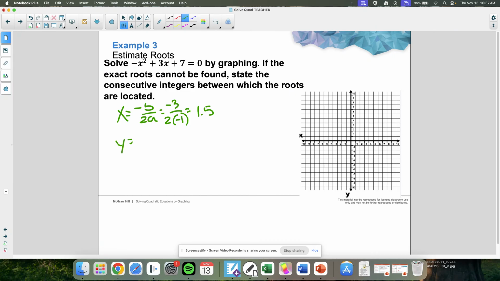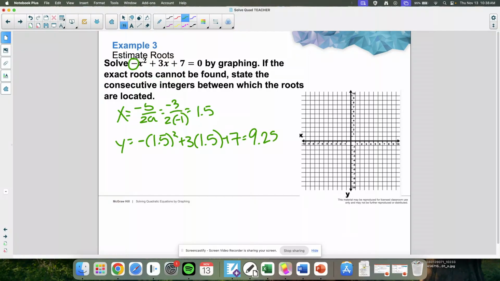Plug it in. When you plug it in, that negative is in front, so make sure you put it in front. This one will be another decimal. .25.